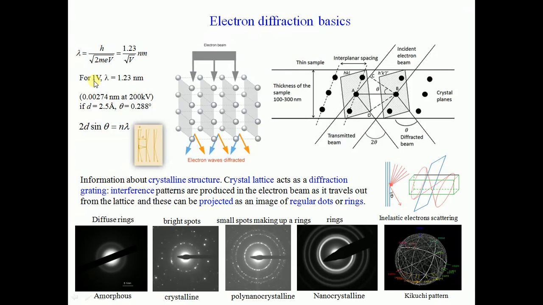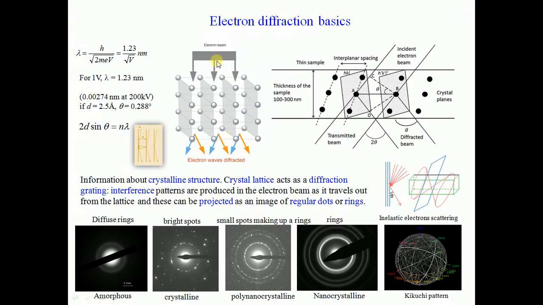If we put the voltage to be 1, for example, lambda is equal to 1.23 nanometer. And if d is equal to 2.5 angstrom, for example, then at 200 keV the wavelength is very, very small, and the diffraction angle is negligible.